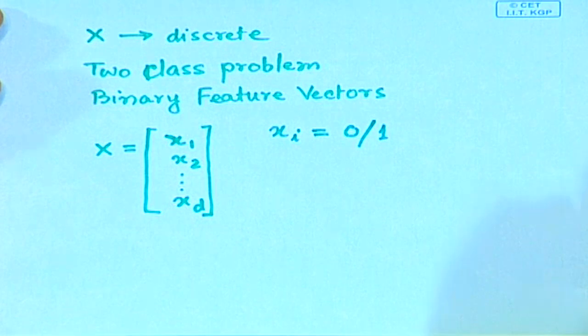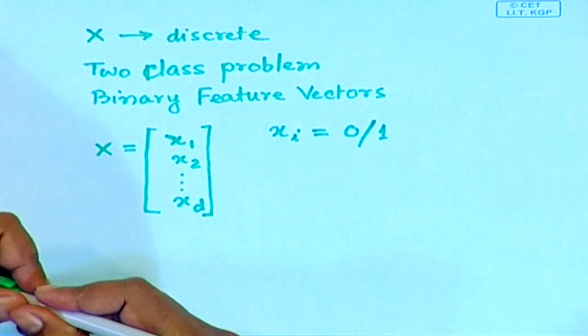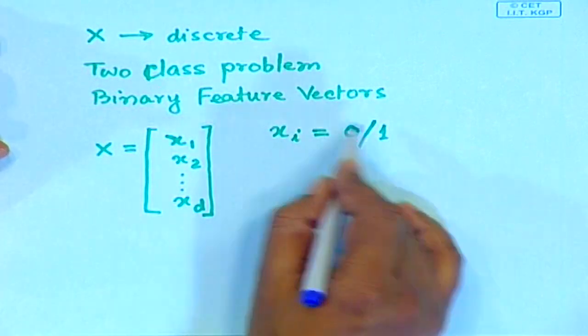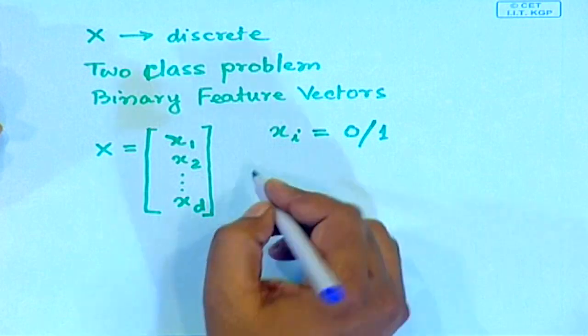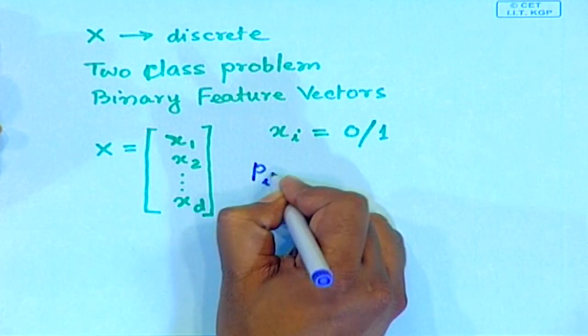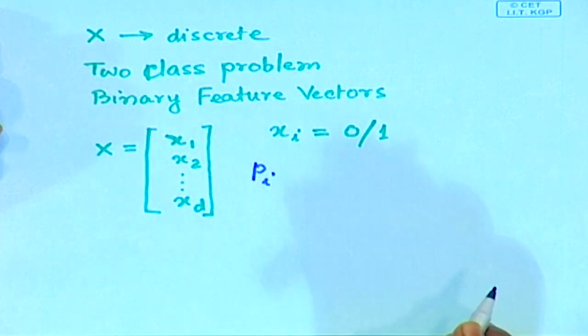It will say whether the feature is present or the feature is absent, and correspondingly the probabilities will be something like this. Every feature component will be represented by a probability value, where I will use pi to represent the probability of the ith component.